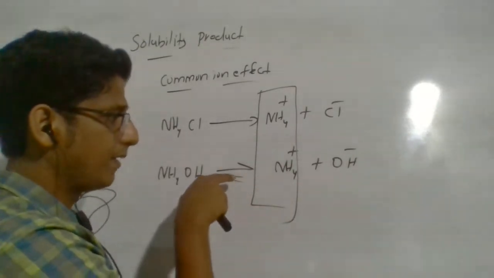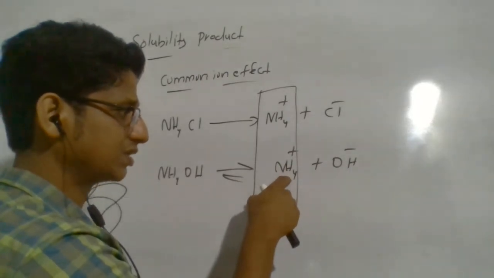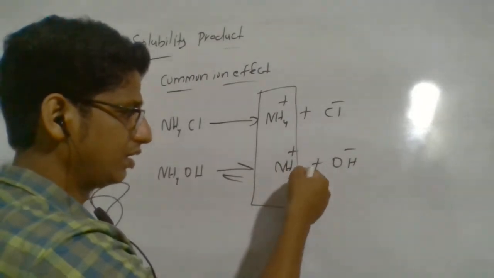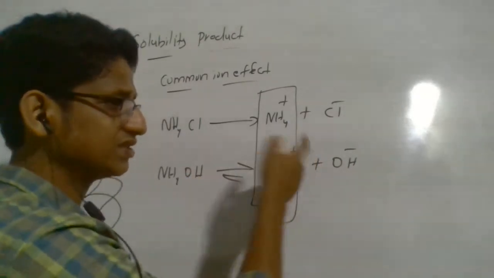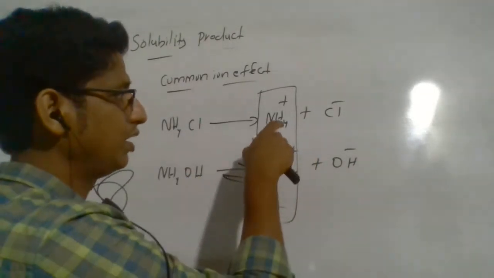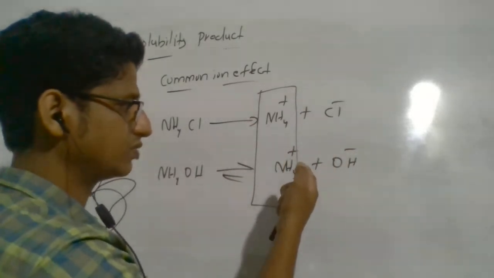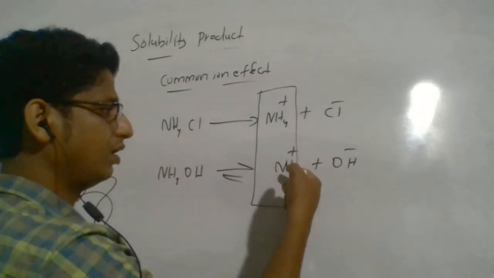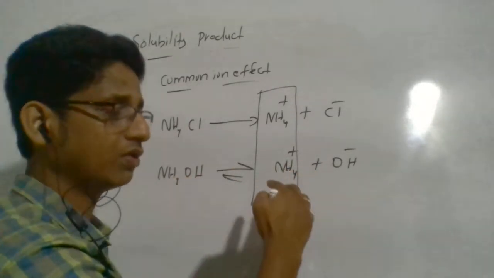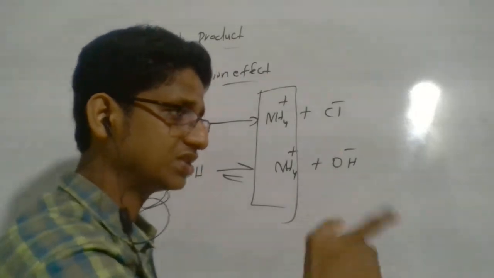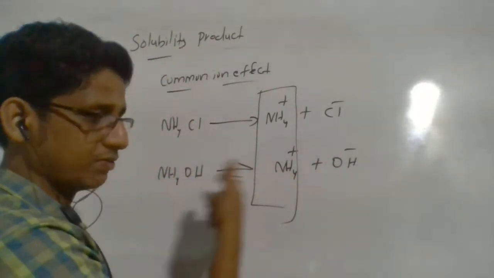That means when the ammonium ion concentration increases, the system will shift in the backward direction to minimize that effect, because the ammonium ion concentration is increasing, so the system tries to decrease it. If it went in the forward direction, the ammonium ion concentration would increase again, so the system tries to decrease it by shifting in the backward direction.